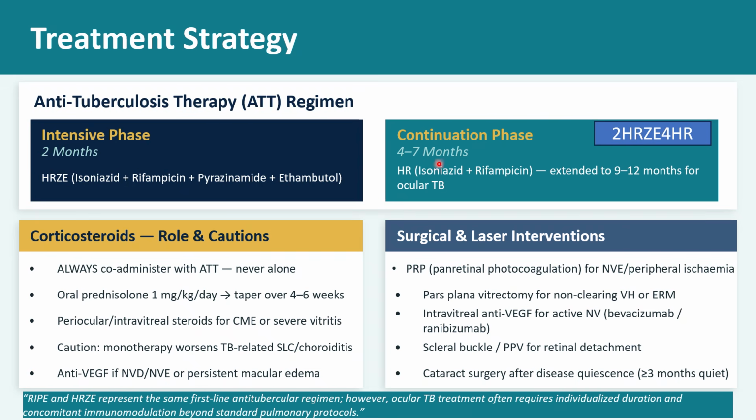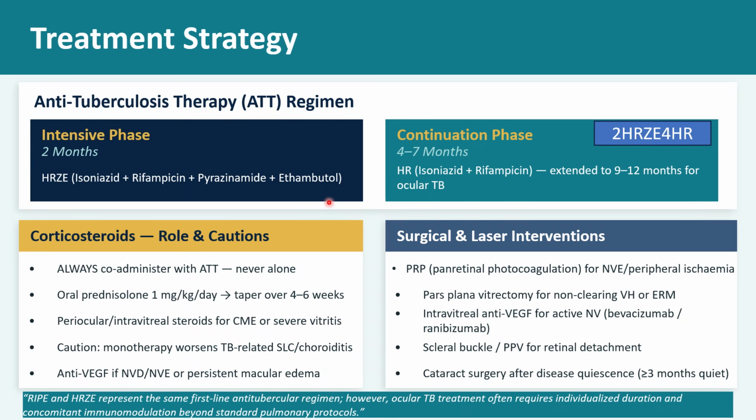The reason why the duration is not fixed and can reach up to 9 to 12 months is that, as we said before, ocular tuberculosis is extrapulmonary tuberculosis, and the treatment is not standardized as in pulmonary tuberculosis. The treatment here is based on the phenotypic presentation and the high probability of being tuberculosis, but there is no definite laboratory isolation of the organism from the aqueous fluid or from the vitreous, so it is a presumed ocular tuberculosis.